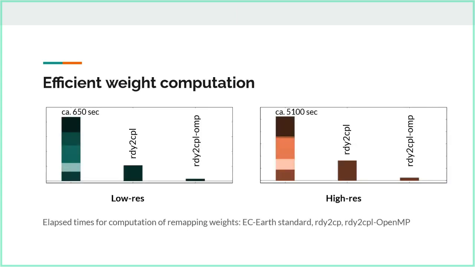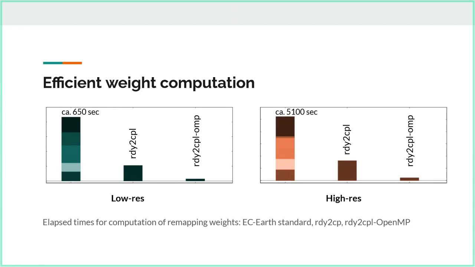Okay, so basically, this is a mostly qualitative evaluation of the performance. Basically, it does what it should. The original implementation in ECRs had a lot of this sequential weight creation.